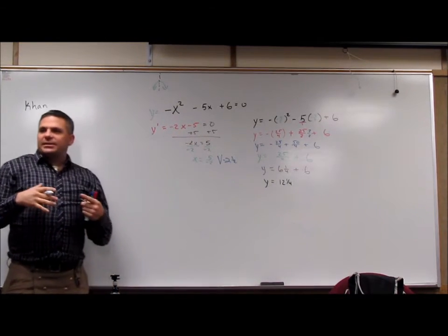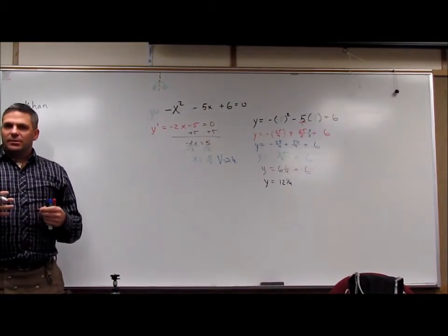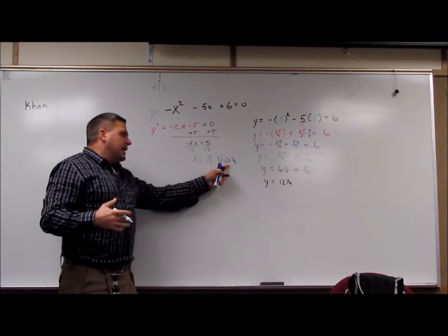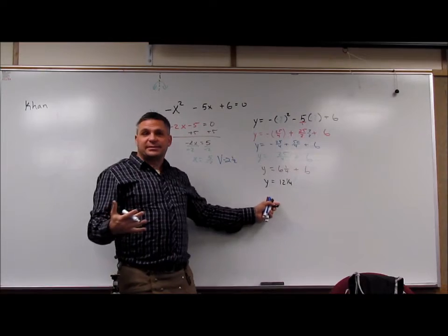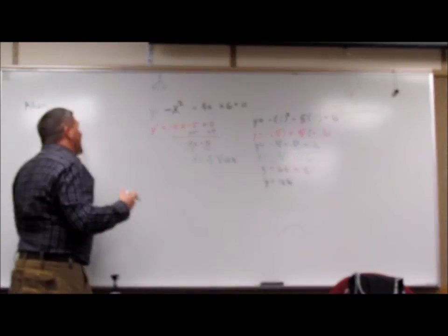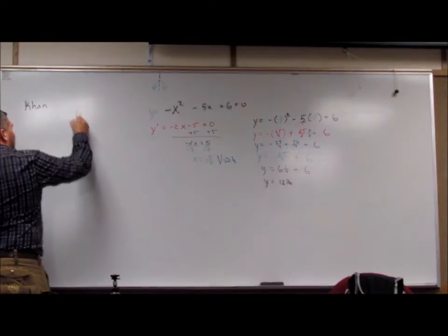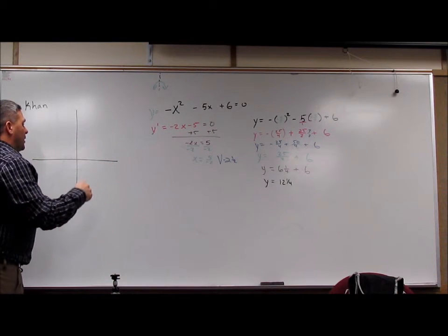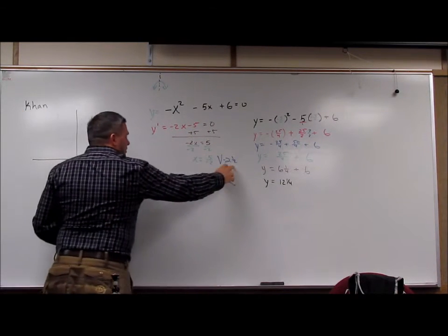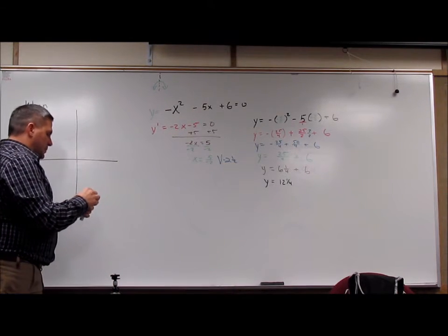And so this axis of symmetry has led us to find the point of symmetry, or the vertex. So now I know exactly where the vertex is, so I can graph this, right? And I can go to 2, and I'll do that in blue.